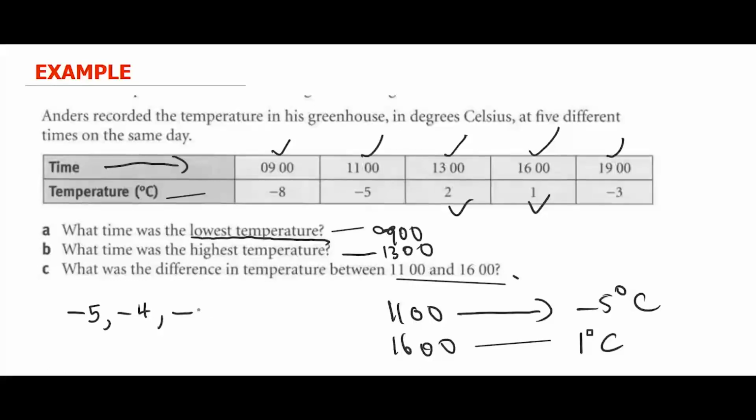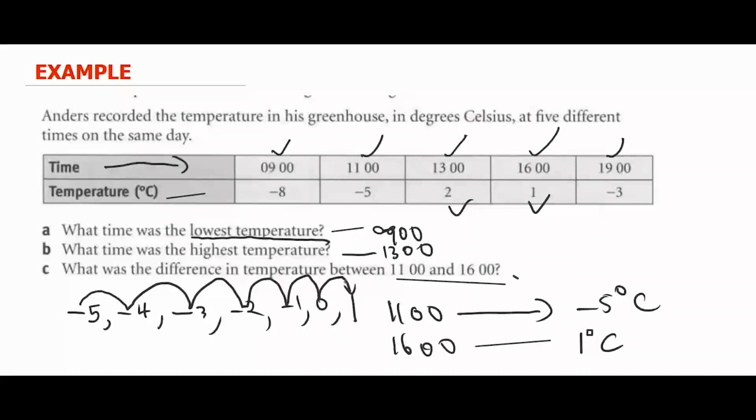Then don't forget that it's increasing now. So that will be -3, then -2, -1, 0, and finally 1. So let's count how many steps you have between -5 and 1. You have 1, 2, 3, 4, 5, and 6.